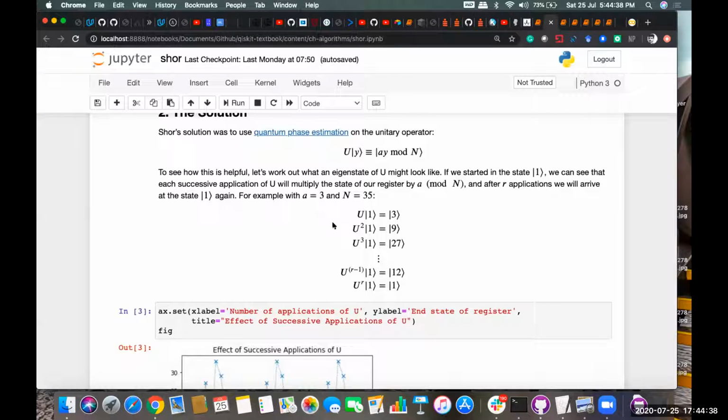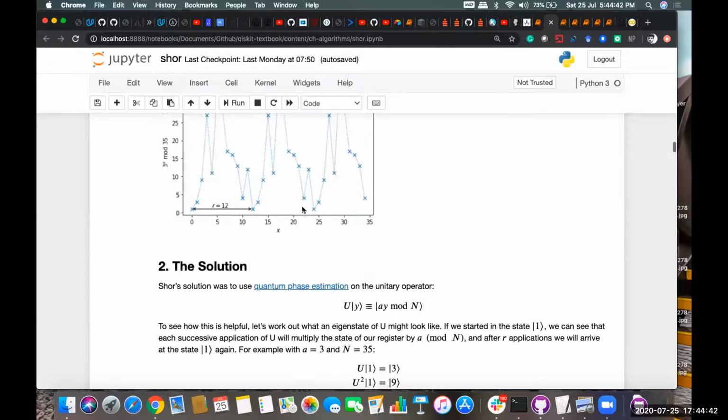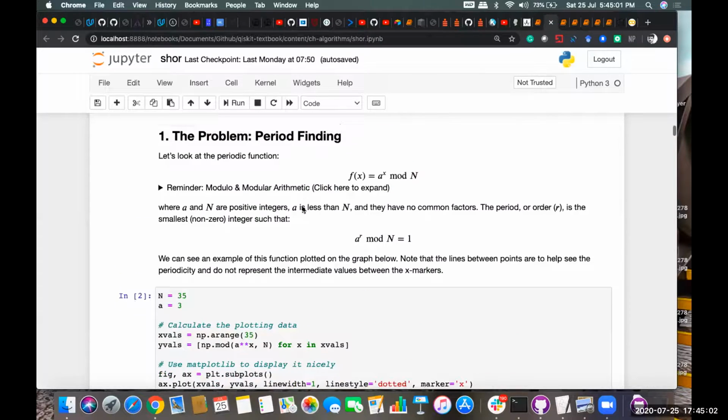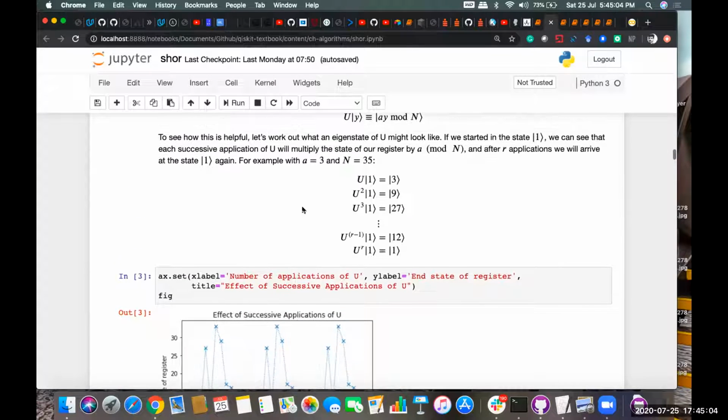So those who have attended the previous lecture already know that Shor's algorithm involves two parts. One is the classical part, and another one is the quantum part. In the classical part, suppose the value of n is 35 for a particular case, let's take an example.